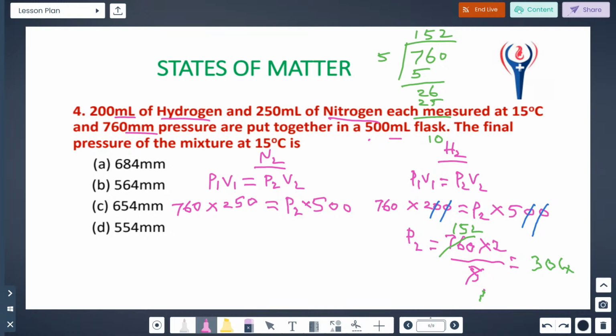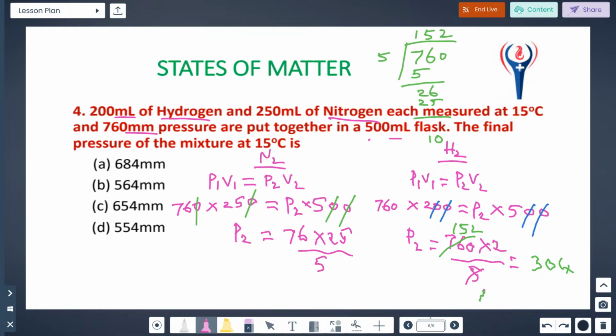Then cancel as usual, as I told you. Cancel 20. Therefore P2 is equal to 76 into 25 by 5.